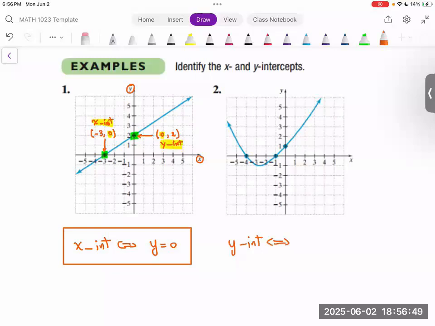The other variable, right? If I say y-intercept, the other variable will be 0, so x is going to be 0. This is what I'm going to be using later to label the x-intercept and the y-intercept. So far, so good? Okay.